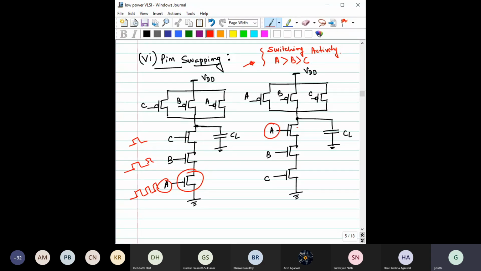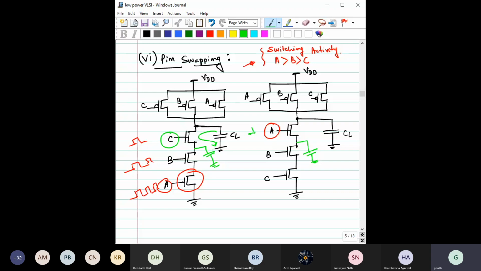But see what is going to happen. There are always some internal node capacitances, for example here, an internal node capacitor. Now say this node is changing very rarely, so this transistor is turning on and off quite rarely. So the possibility that this capacitor will discharge and charge, basically the charge sharing issue, will be significantly reduced here.